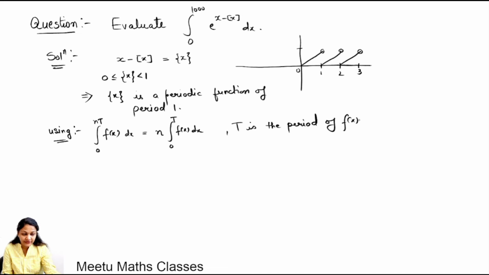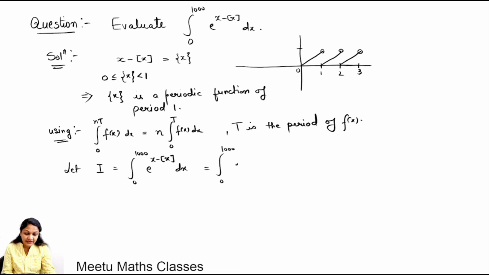your function f(x). Now using this property, let your I be equal to the integral 0 to 1000 of e raised to the power x minus greatest integer function of x, dx. Now what is x minus greatest integer function of x?